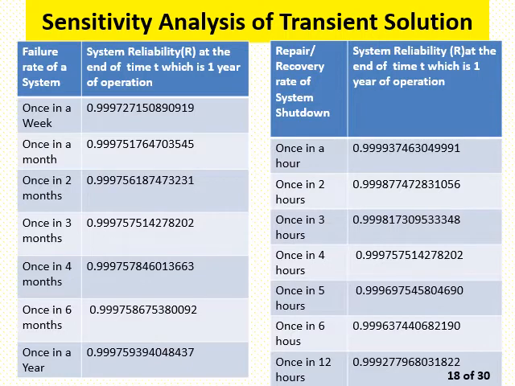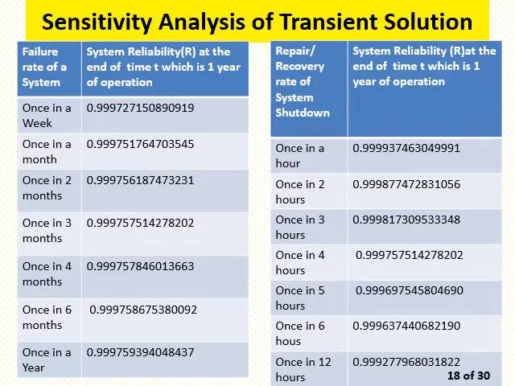In this slide, we give the impact on system reliability with variation of the failure rate of a system. We also give the impact on system reliability with variation in the repair rate of system shutdown.